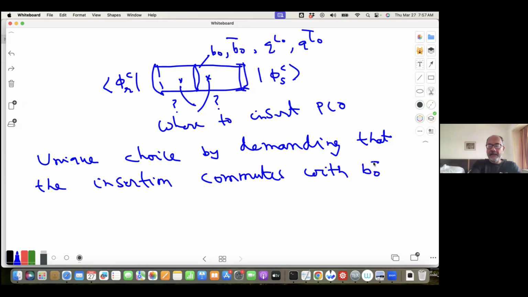Well, you see, we have been demanding that the states are annotated by B0 minus. So if the states are annotated by B0 minus, then whatever choice of PCO location you make should be such that applying that on a state which already is annotated by B0 minus gives you back a state which is annotated by B0 minus.